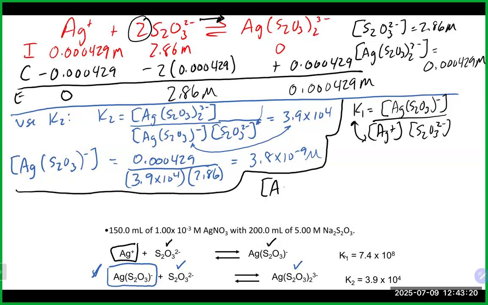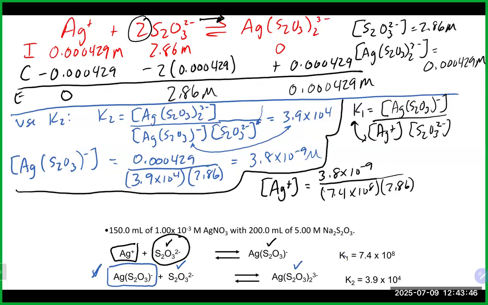So putting in our numbers, again, these guys are going to switch places when you rearrange that. That will give us a silver concentration that is equal to what we just solved for, 3.8 times 10 to the minus 9, divided by our K1 value, which was 7.4 times 10 to the 8, it looks like. And again, our 2.86. Once again, I am using this equation here. There is no coefficient. So again, I'm not using the overall reaction. And that is, again, why I'm not squaring that one as well.